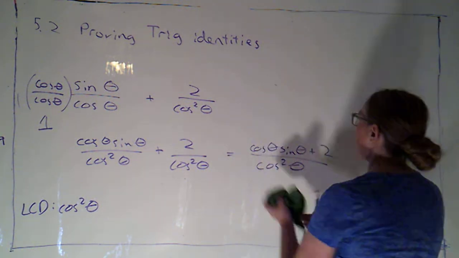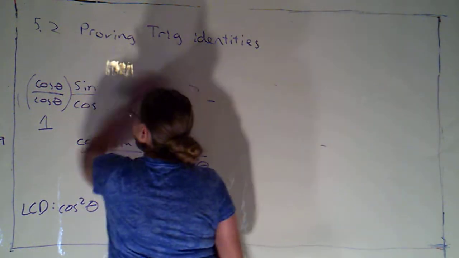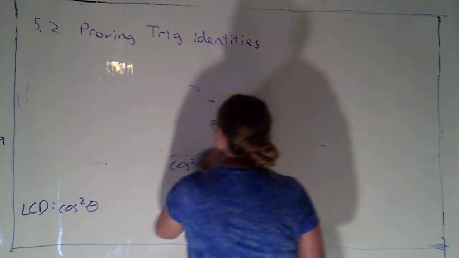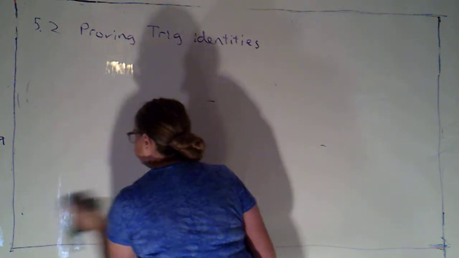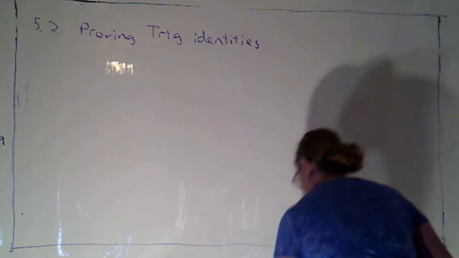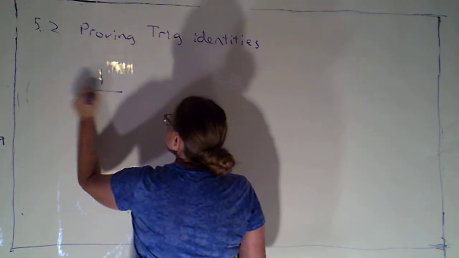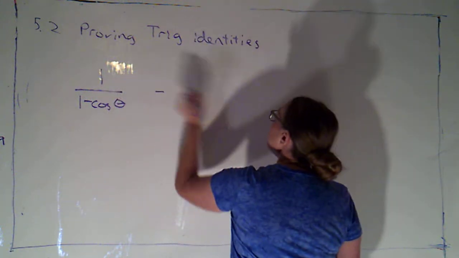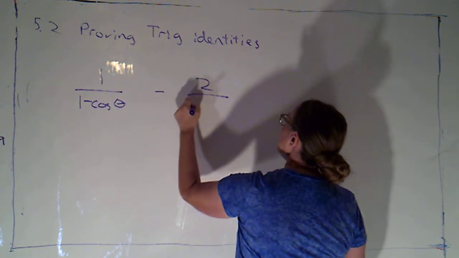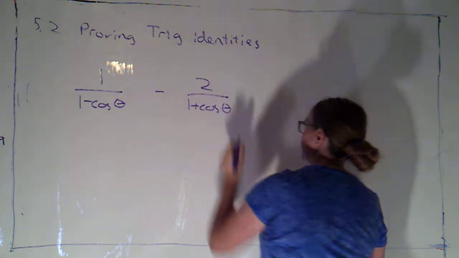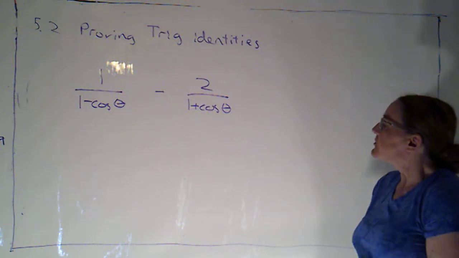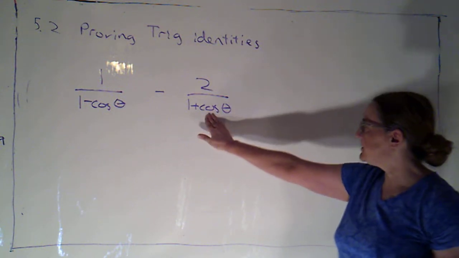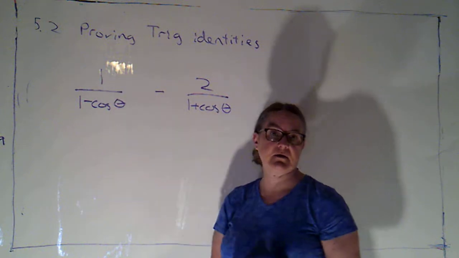All right, let's try another example. So let's suppose I have 1 over 1 minus cosine theta minus 2 over 1 plus cosine theta. So here my two denominators are 1 plus cosine theta and 1 minus cosine theta.